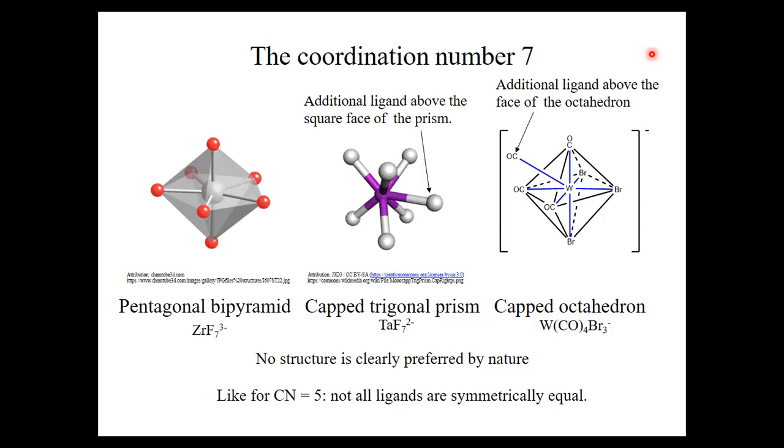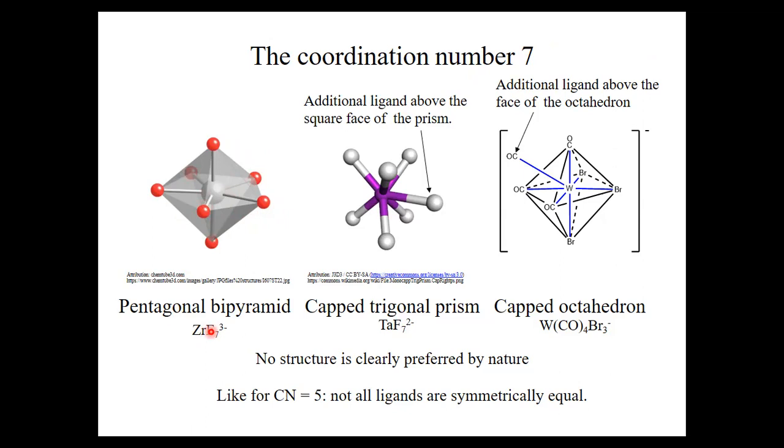So like for the coordination number 5, there's actually no clear preferred structure associated with the coordination number 7. So we have in this case 3 structures which are approximately equally common. So the first one is the pentagonal pyramid. And an example for that is, for instance, heptafluorozirconate 3-.